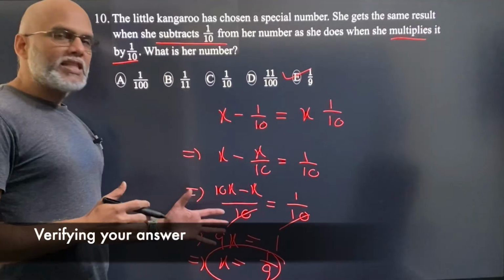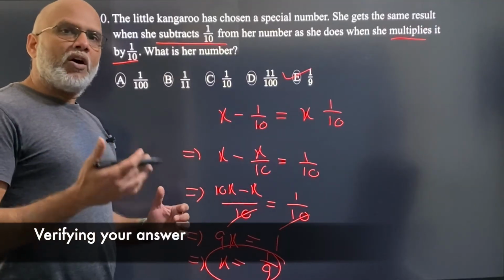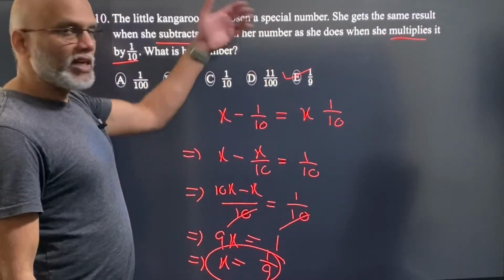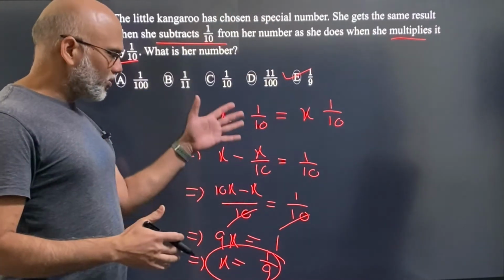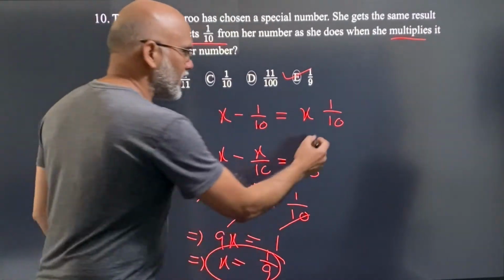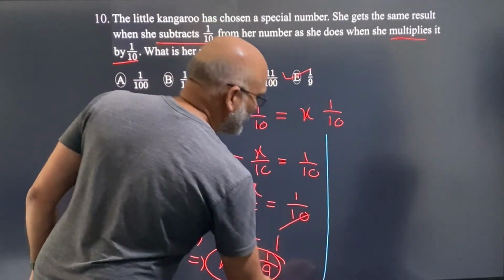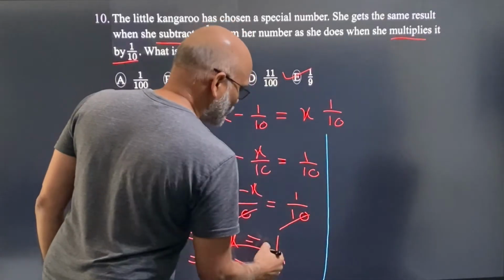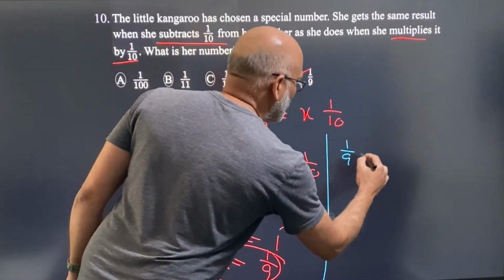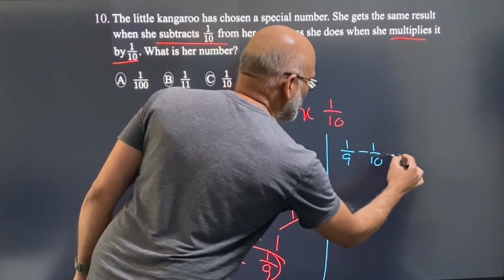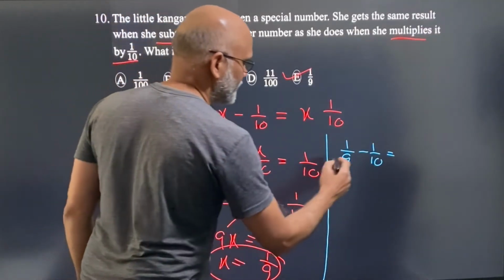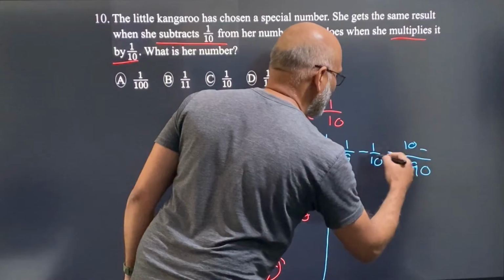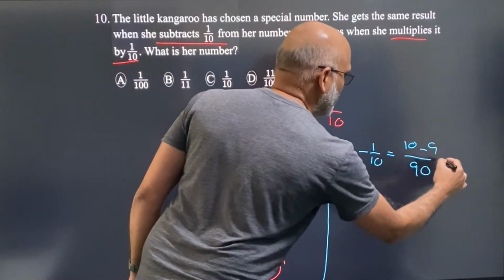So when you use algebra to arrive at a result, oftentimes it is a good idea to just double check your final answer with the original problem statement just to make sure that you didn't make any mistakes. So let me do that. So we have x is 1/9 minus 1/10. So this is going to be 10 minus 9 over 90.